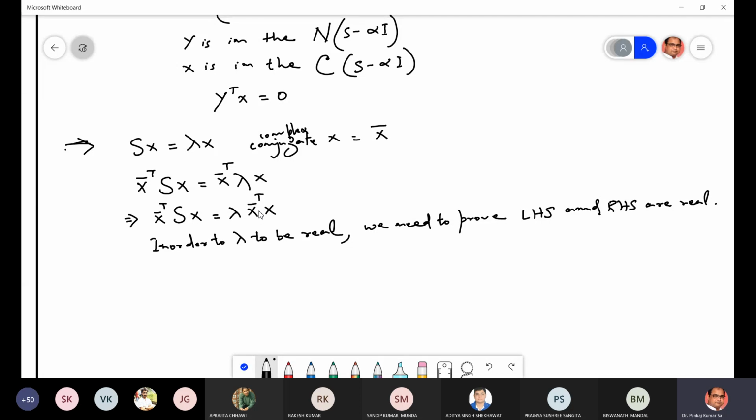x bar transpose x, when you multiply, how does that turn out to be?